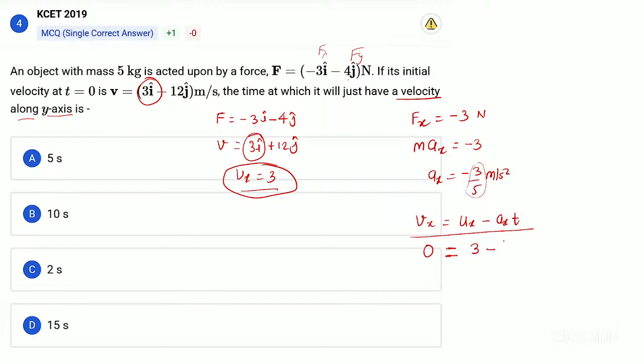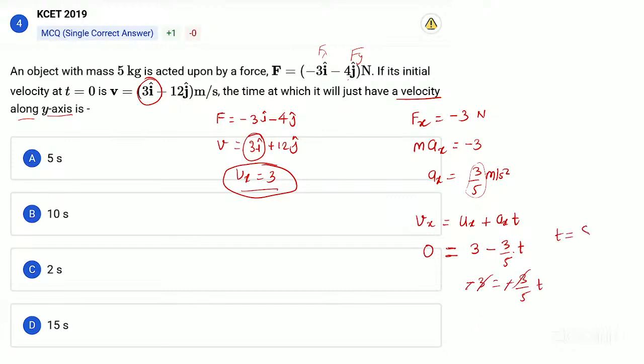If you have taken minus here, you do not need to put minus over there; but if you haven't placed minus here, you have to take minus there. So it's pretty much understood: 0 equals 3 minus 3 by 5 into t. We can take this 3 to this side, so it becomes minus 3 equals minus 3 by 5 into t. This minus and minus will cancel out.